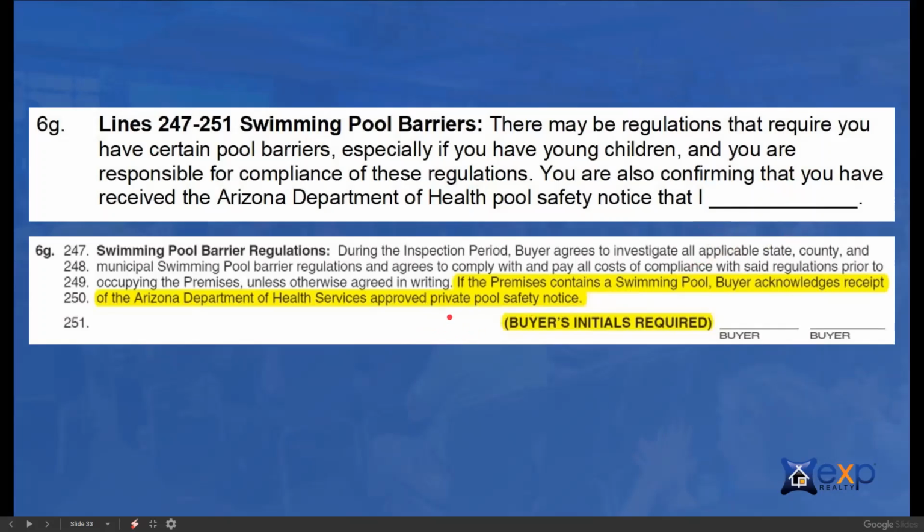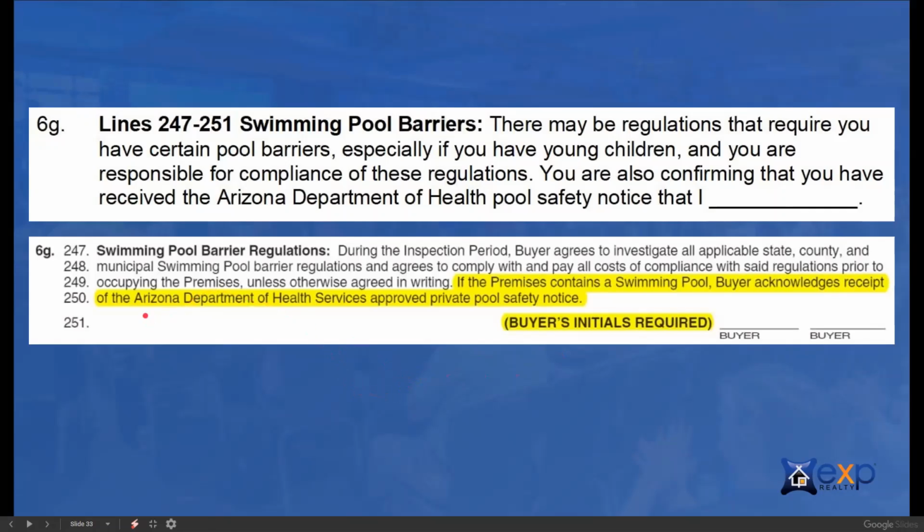I can tell you that I don't believe I've ever written a contract, I'm going to confess, with a pool and provided my buyer the Arizona Department of Health Services pool safety notice. Does anybody even know where to get it? Just so you know, there's no link to it or reference to it in the buyer advisory, which I think is another thing that should be in there but is not.